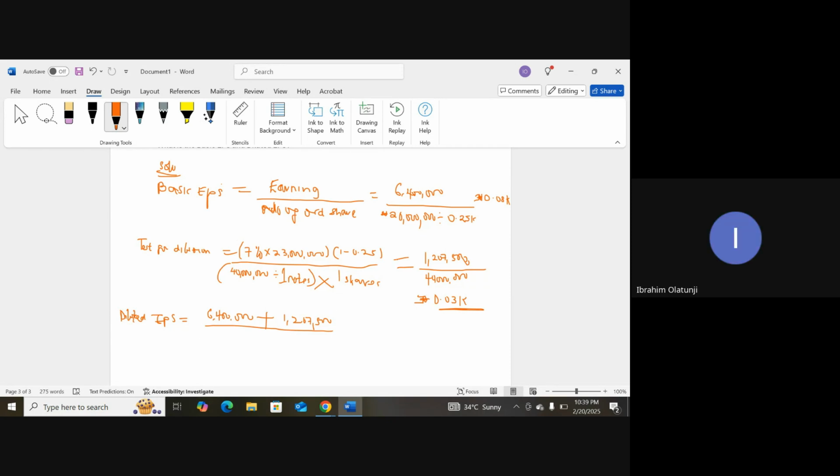What is the number of ordinary shares for basic EPS? 80 million.